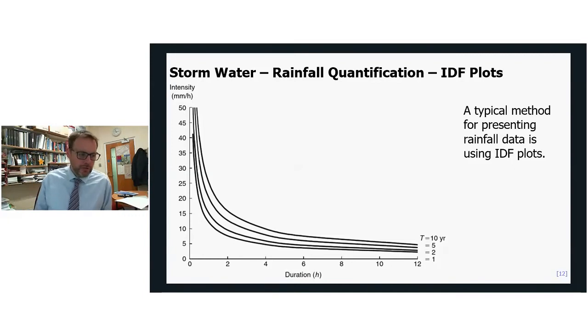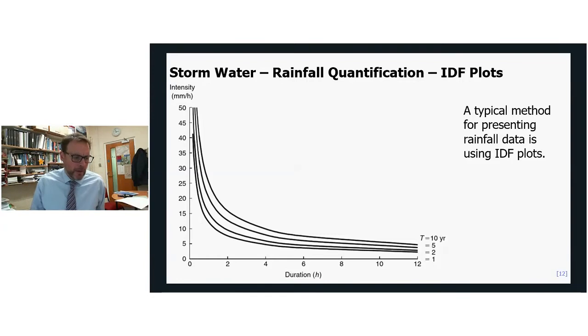Now, this illustrates something quite interesting about rainfall that often people don't really think about too much, but it does make sense.